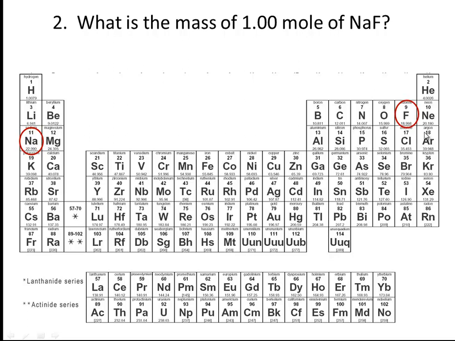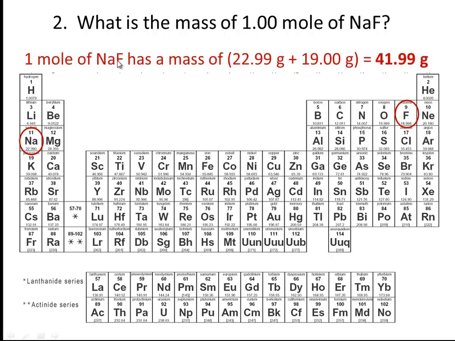And then fluorine is way over here. Some periodic tables are going to say 18.998, and because we're rounding to 2 decimal places, fluorine for us is always going to be 19.00. Since we're talking about the mass of a mole, we will attach the units of grams to each of these.